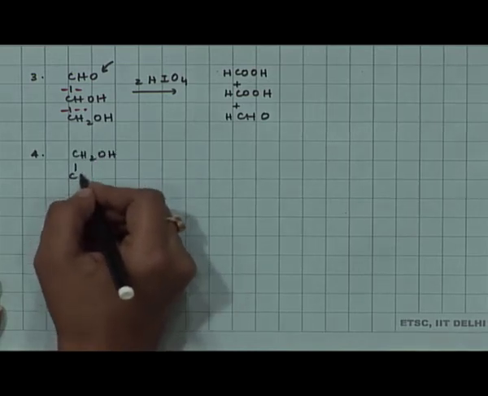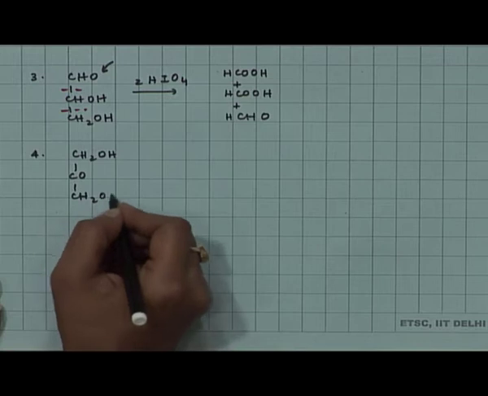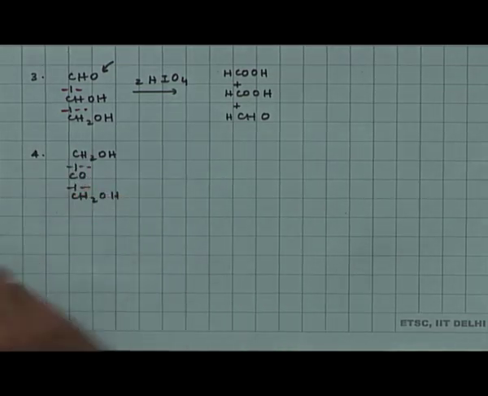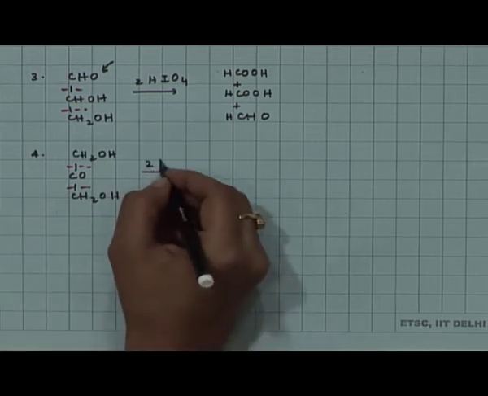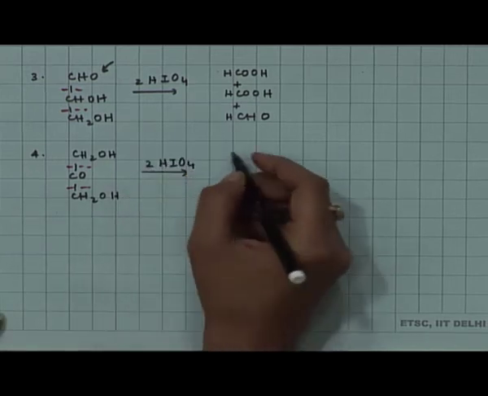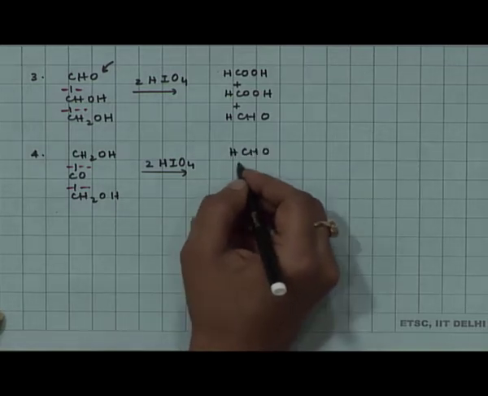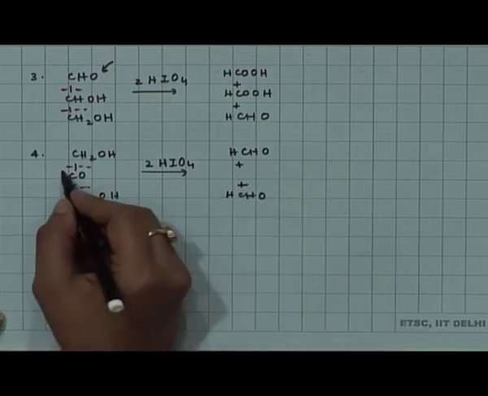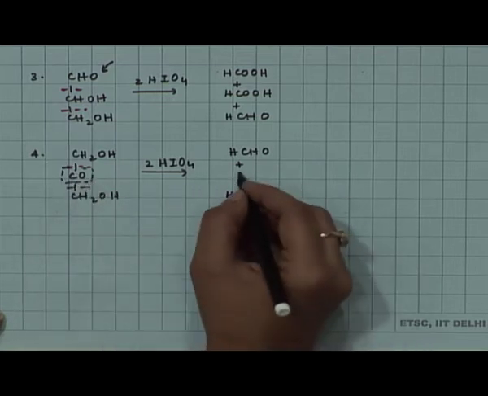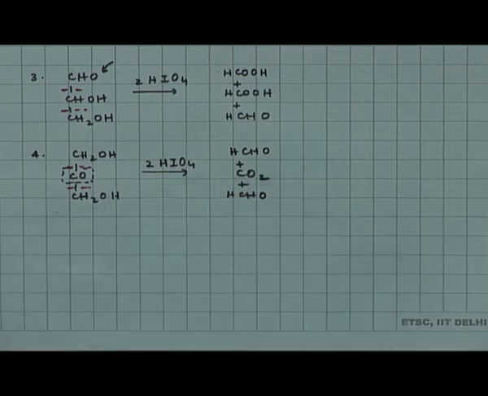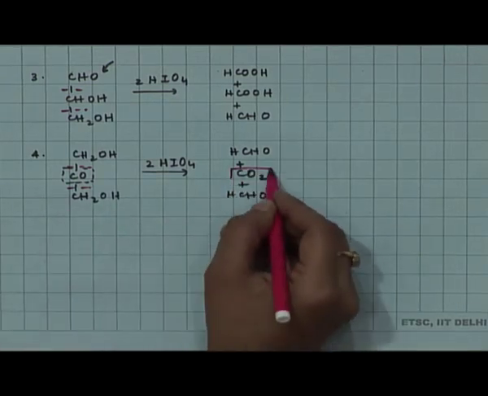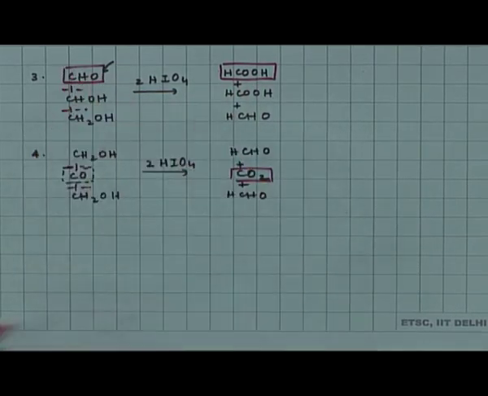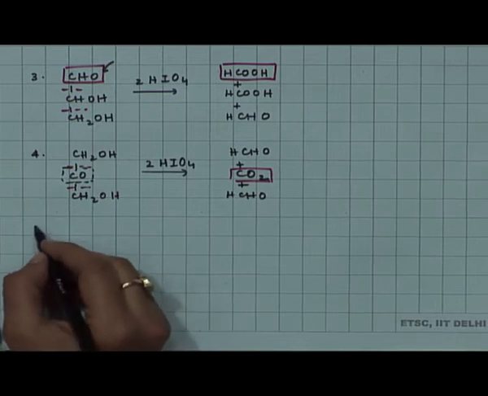Look at this example. If you have this ketone, following the same rationale, treat it with 2 moles of HIO4 and you get formaldehyde, another formaldehyde, and the internal ketone carbonyl is oxidized to CO2. So, if you have a ketone or an aldehyde, it gives you CO2 or formic acid.